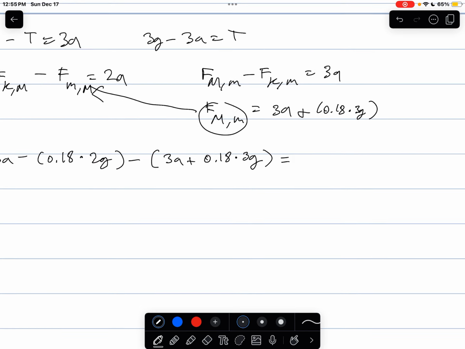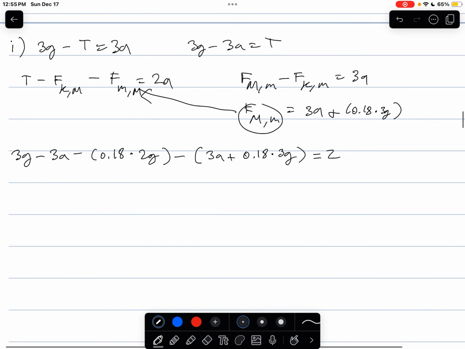Equals 2a. And then I moved 3a to the other side to get 0.8 times 2 times 9.8, 3.5. Wait, let me just solve for all the values.